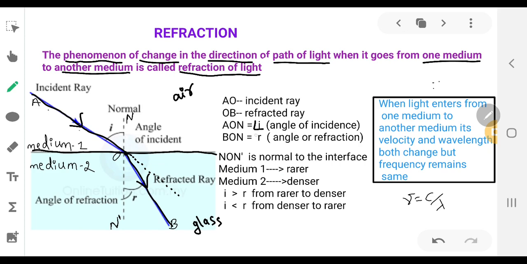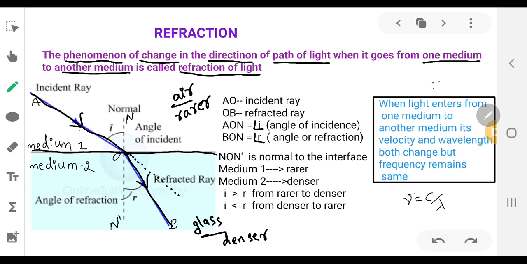Here we are considering medium 1 as air medium and medium 2 as glass, or medium 1 as rarer medium and medium 2 as denser medium. In the further discussion, we'll see what is a rarer medium and what is a denser medium.